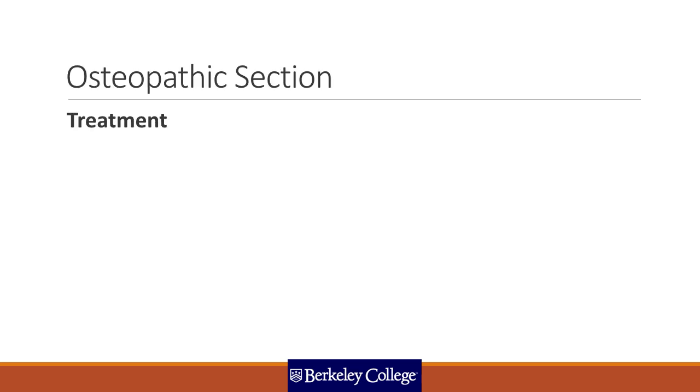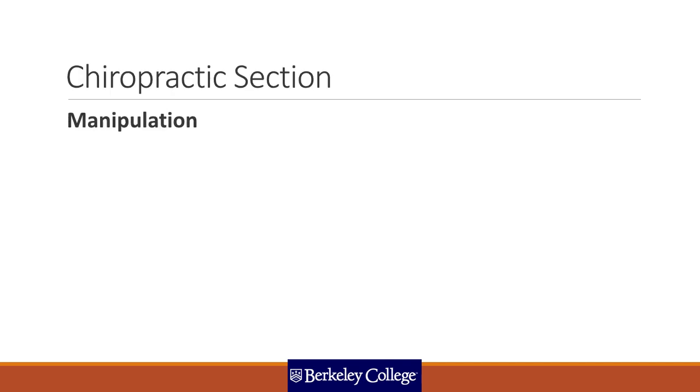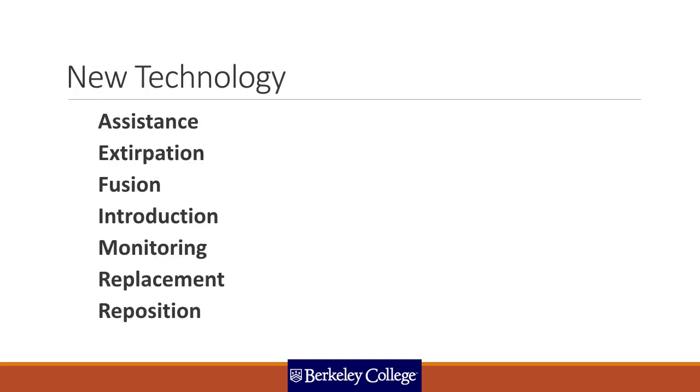But in the osteopathic section, you only have 1 root operation term to choose from. Other procedures only has 1 root operation term, as does the chiropractic section. And in new technology, you have 7 root operation terms to utilize to explain what was done for the patient.